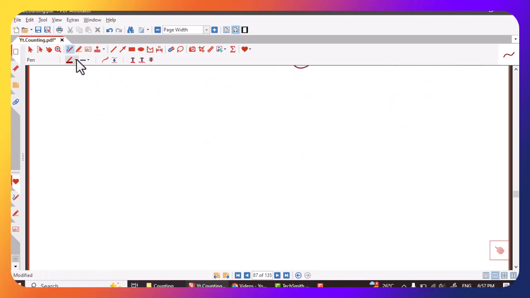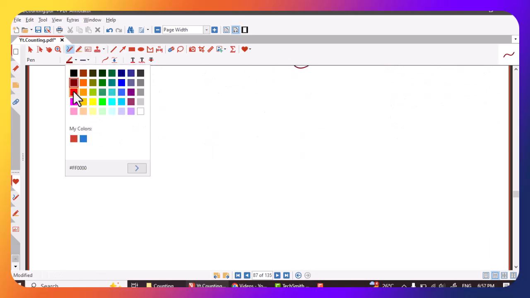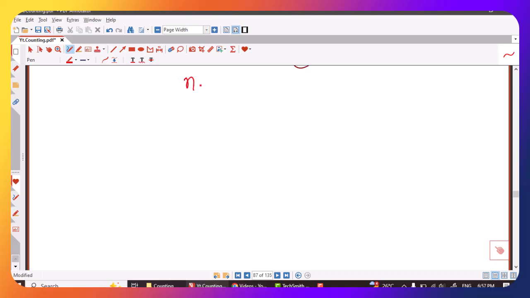Similarly, we can check for pentagon also. Pentagon is a polygon with n equal to 5 sides, and therefore we have 5 vertices. So we have to find the number of diagonals in a pentagon, that is in a polygon with 5 vertices. So how we can find out that number?